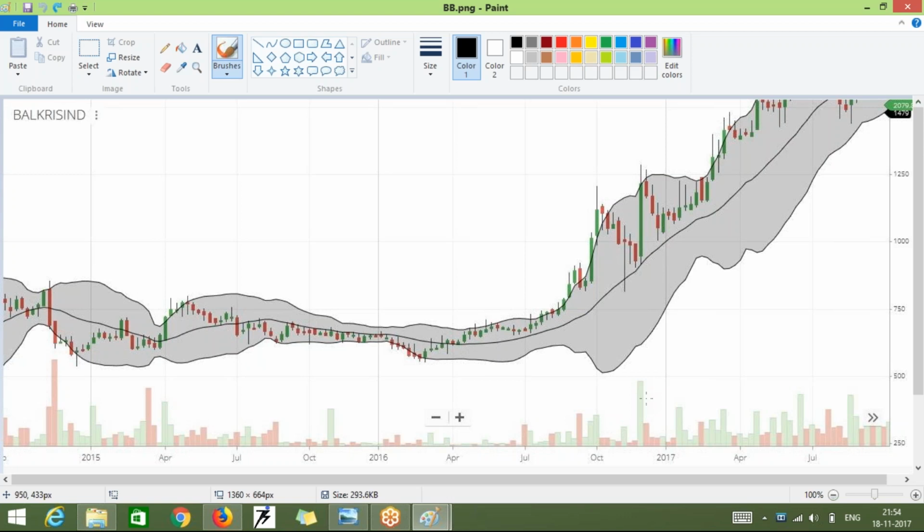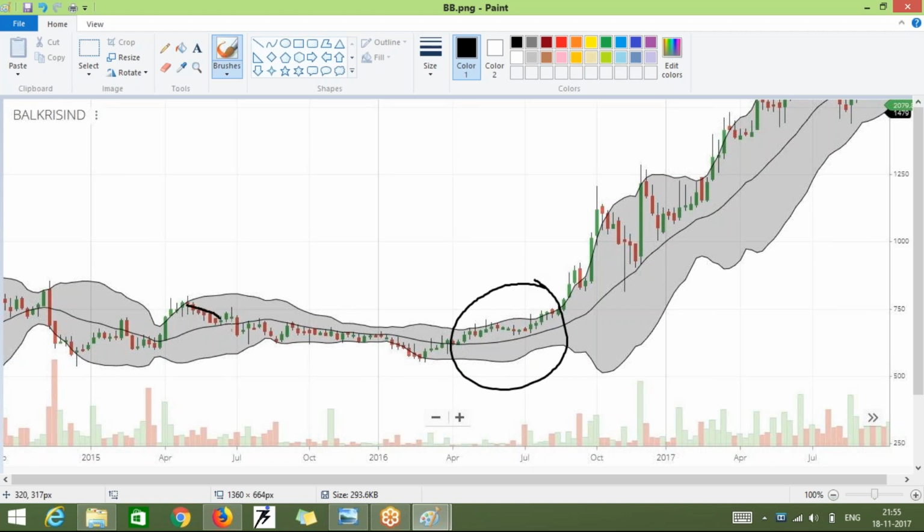a normal trader cannot take a trade at this level because it's not yet breaking the upper band of Bollinger Band. So again, that is why I said it should be confirmed with a chart pattern or a candlestick.